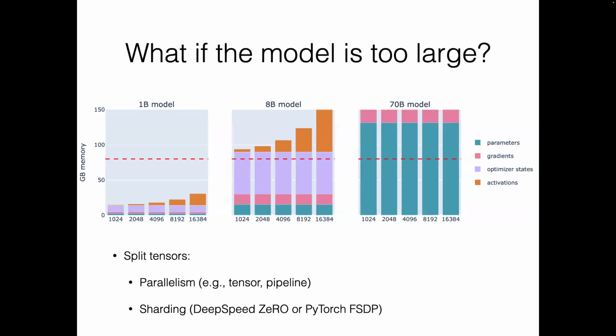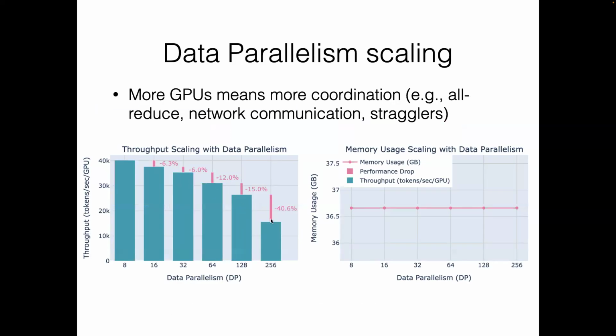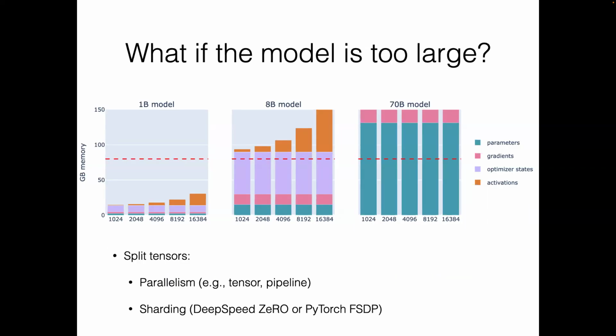Okay, so then that's data parallelism. There's a question here of, one, can we get some more favorable throughput scaling than this? And number two, one big issue here is that each one of these copies has to actually fit the entire model on the GPU.